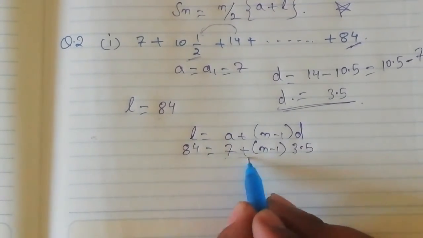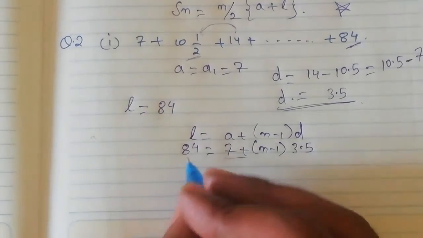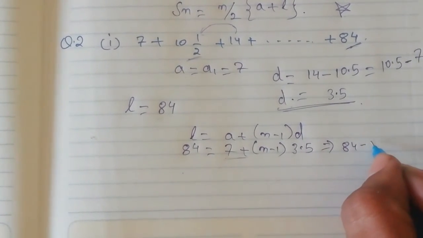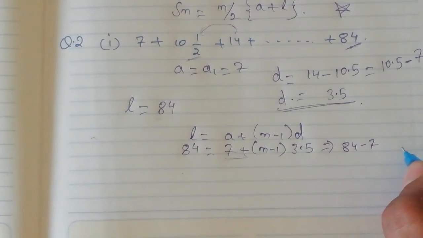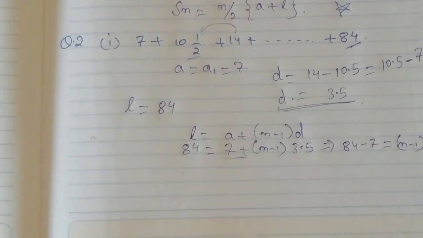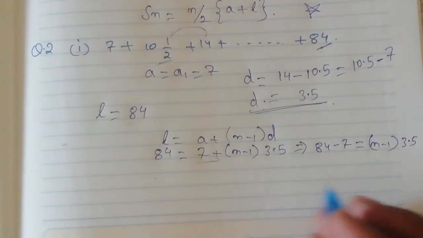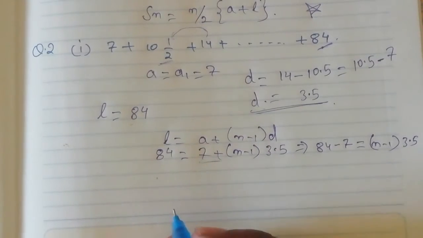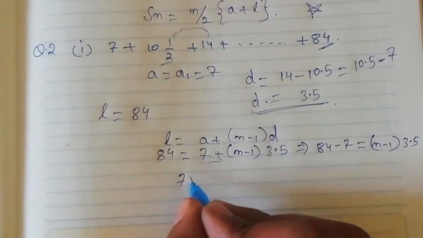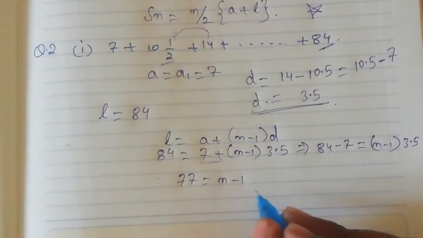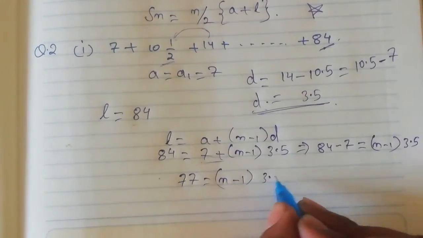First of all, we transfer this positive 7 to that side. So 84 minus 7 equals (n minus 1) into 3.5. So we have 77 equals (n minus 1) multiplied by 3.5.